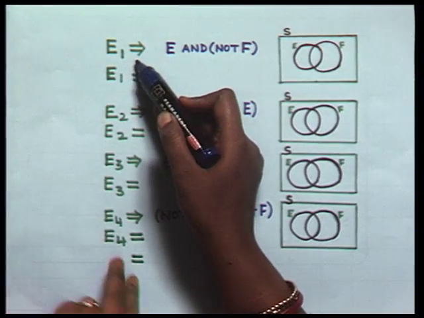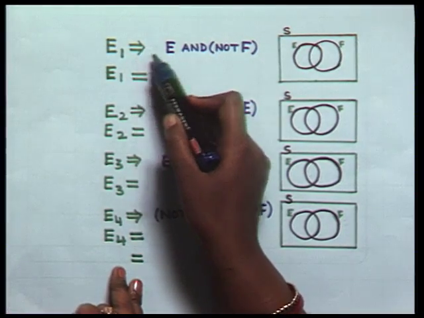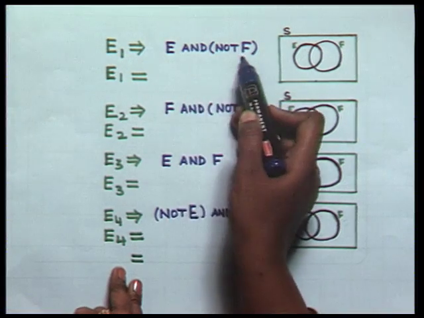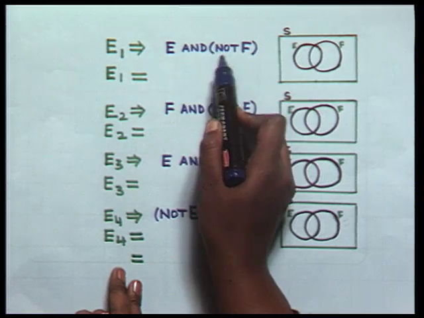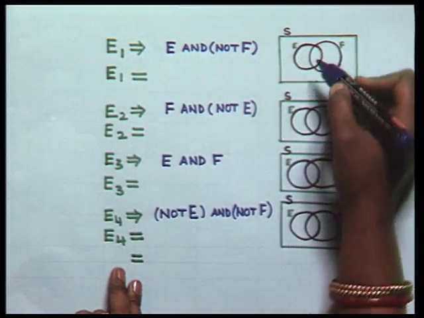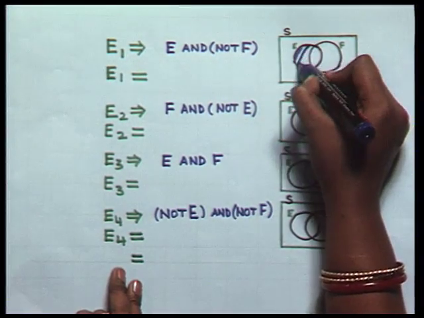So, event E1 says only husband is selected, that means only husband and not wife. So, we can represent it as E and not F. In Venn diagram, we can show it like this.